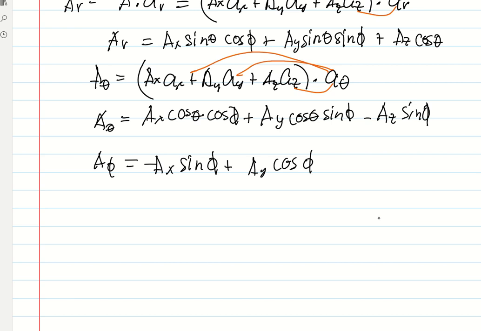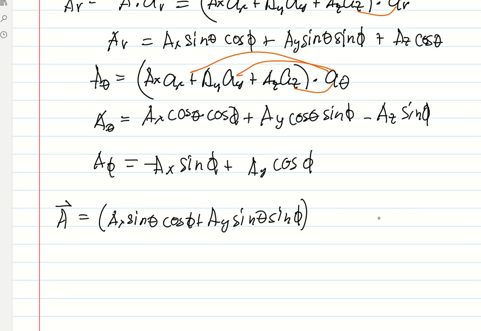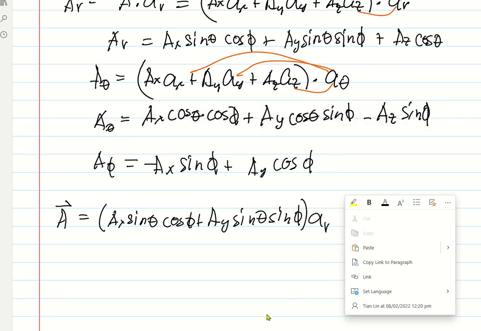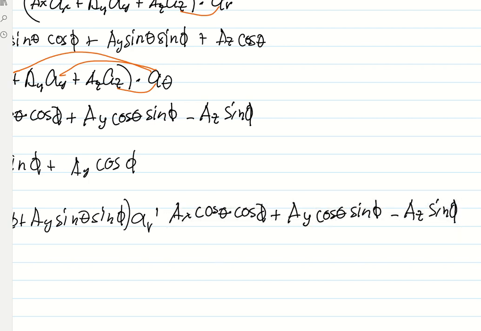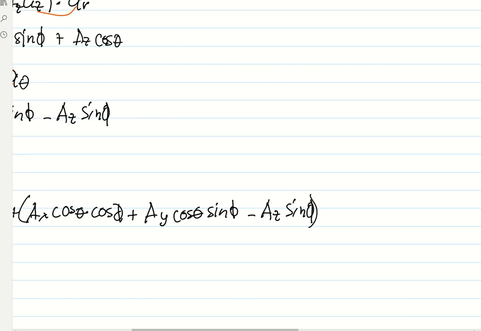So collecting all of this, the vector now in terms of spherical coordinates will be, for the R direction, we have this one. Then for the theta direction, you can just copy this one, so plus this one is in the direction of theta.